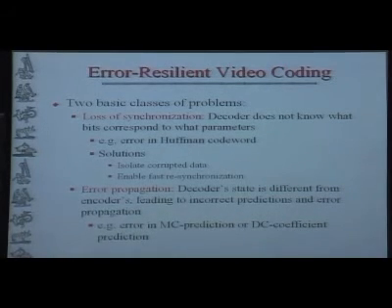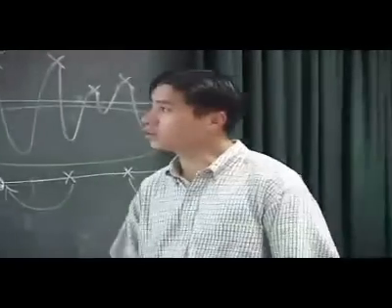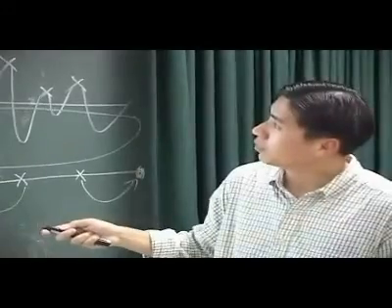And then error propagation means the decoder state is different from the encoder state, leading to a mismatch. Then the error will propagate. So this is what loss of synchronization means.